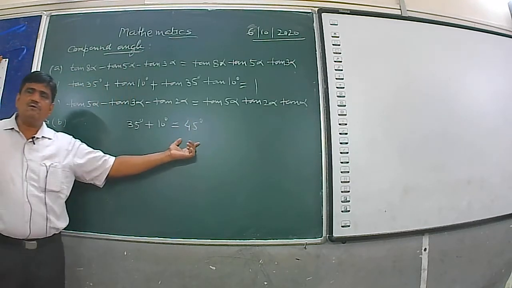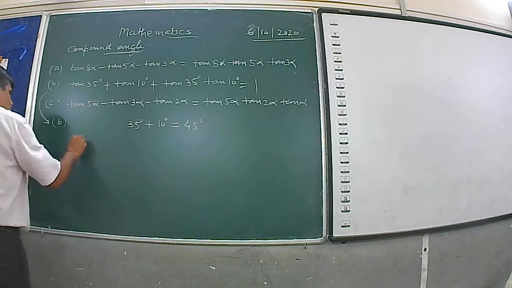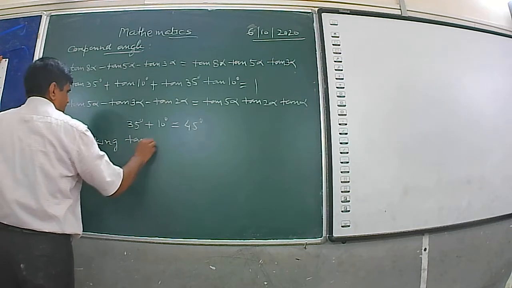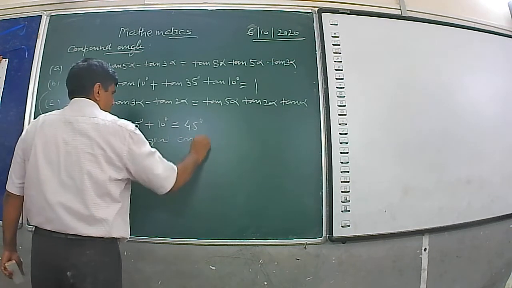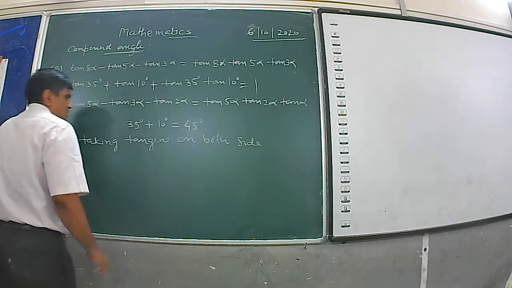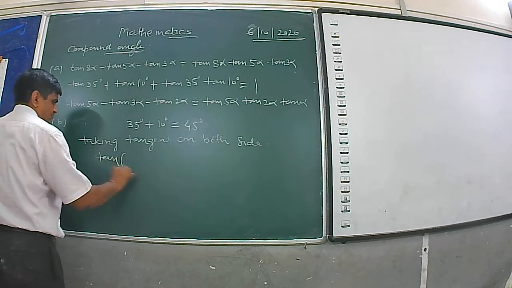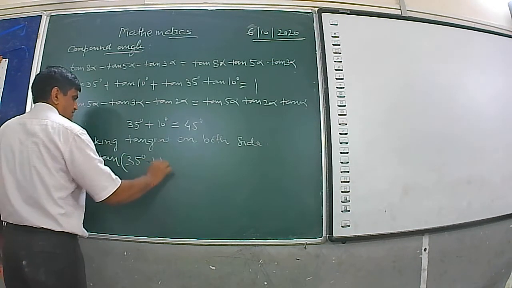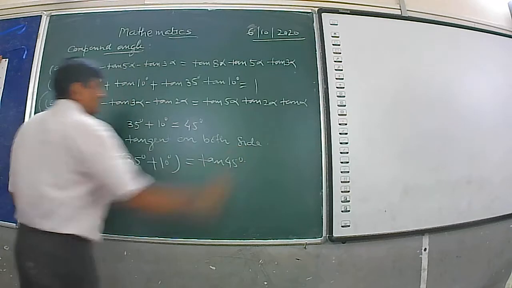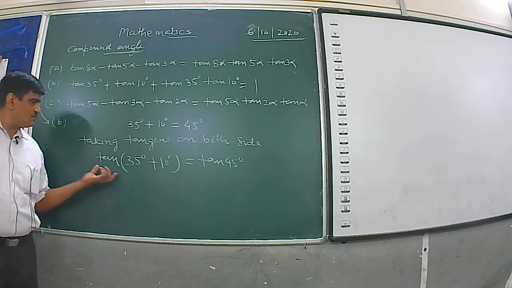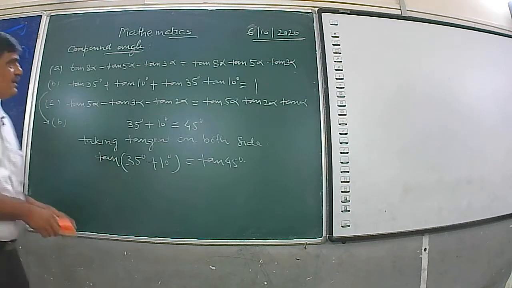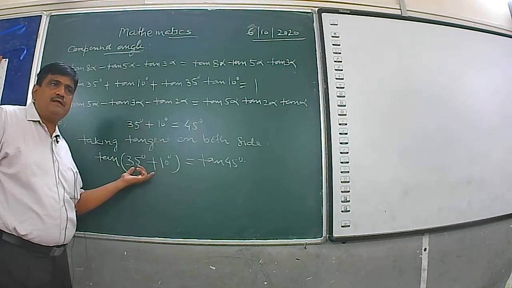Tan(35 plus 10) is equal to tan 45. Now apply the formula tan(a plus b) on the left hand side.